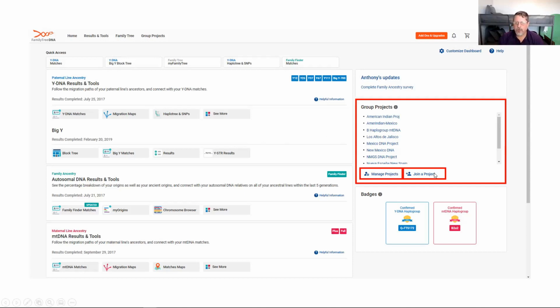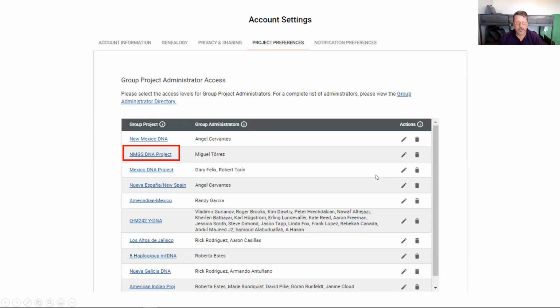Once you've picked all the projects that you want to join, and here you can see a partial list, you can get to these projects by just clicking it, or if you want more detail, you can click manage projects. So let's do that. I click manage projects and it's going to bring me to this page. And you can see I now have the same list of projects, which are a fit for my paternal line, which is a native Mexican line, right?